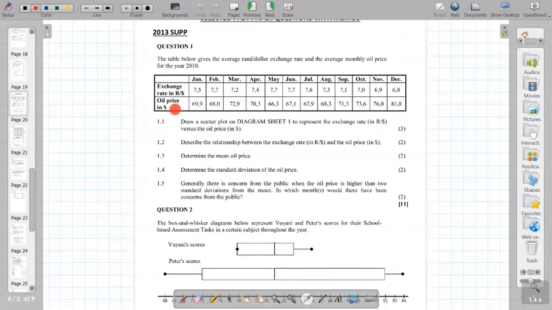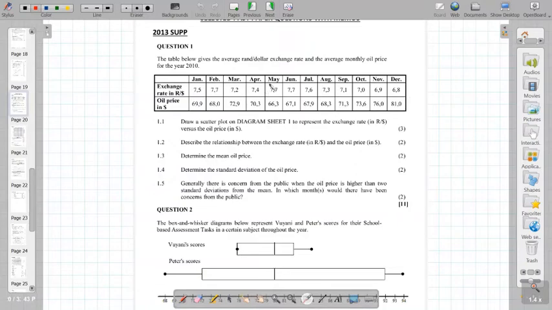Let's see. There's the exchange rate given per month, for different months, and the oil prices in the year 2010. So draw a scatter plot, we will just plot those values, the exchange rate and the oil prices, as X and Y coordinates. Usually time related values we can put on the X-axis, and most of the time it is given on the diagram sheet anyway.